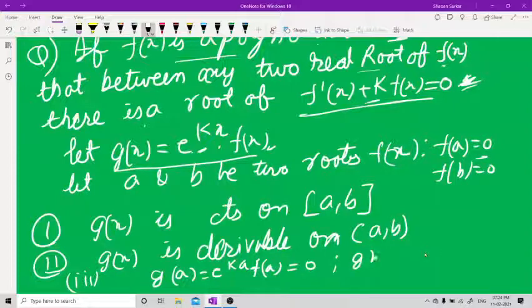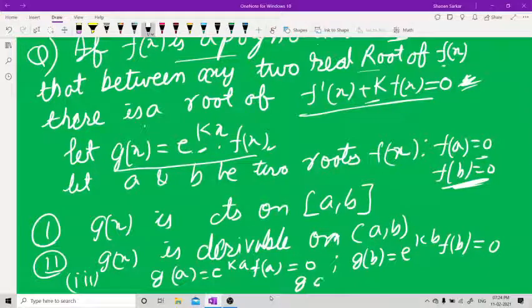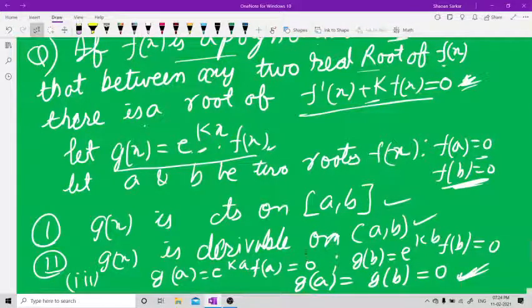And g(b) is e to the power of kb f(b), and this is also 0 because f(b) is 0. So therefore, g(a) is equal to g(b) is equal to 0. The first, second, third conditions of Rolle's theorem are satisfied.